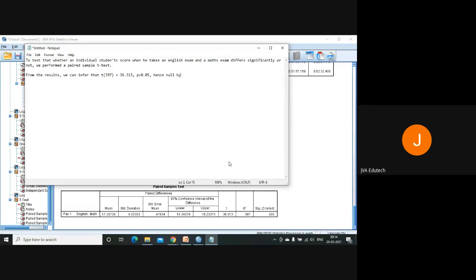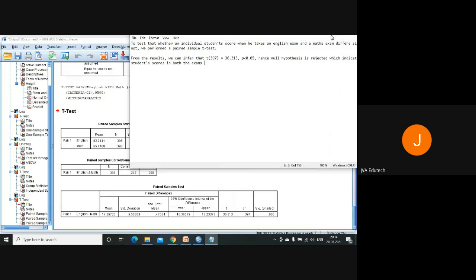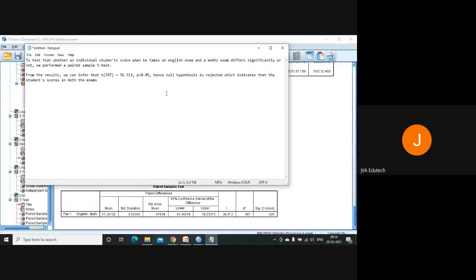Hence, the null hypothesis is rejected, which indicates that the students' scores in both the exams differ significantly, and this difference comes to be 17.29.